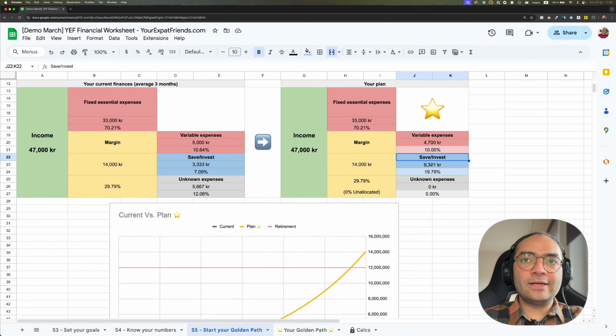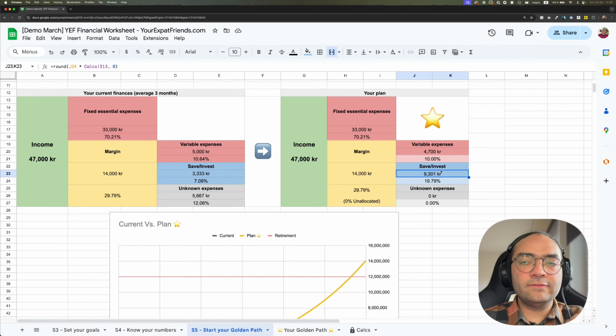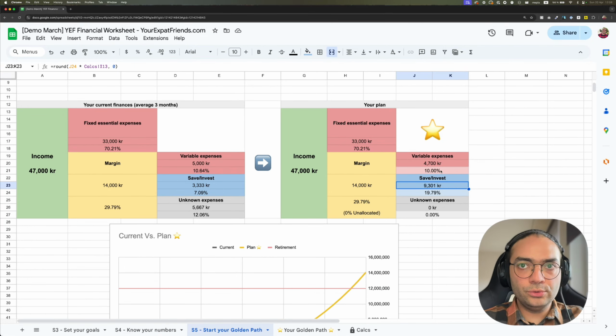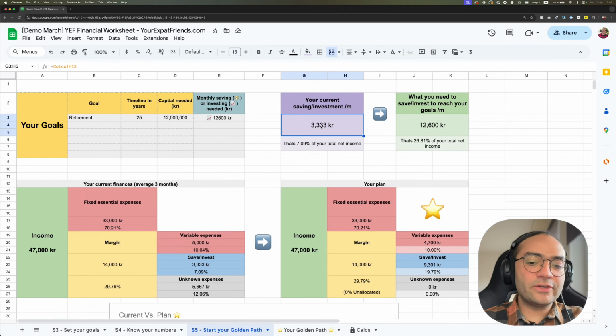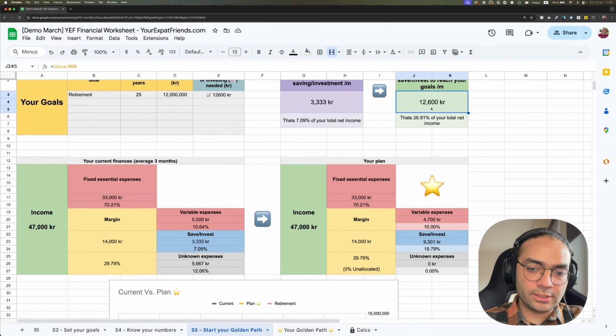So it doesn't really matter if this number is 9,000 or 10,000. It's here to kind of incentivize you, to encourage you to think about, if I'm saving 3,000 kroner per month, that's not going to get me anywhere. I need to get much, much closer to this number. I might not be able to get exactly to that number today, and that's fine, but at least I have an idea of where I stand and where I need to be.